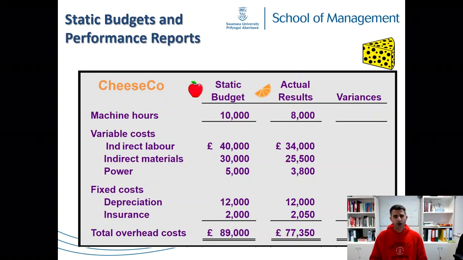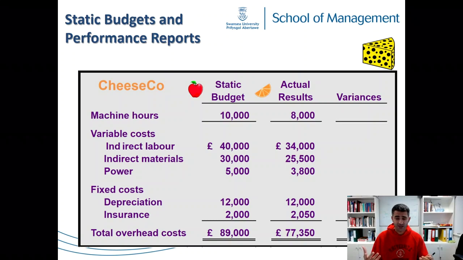In terms of variable cost, look at indirect labor, we have 34,000, indirect material, power, depreciation, it's the same, but in terms of insurance, there's £50 extra in the actual results, and the total is 77,350. Of course, you think straight away it's going to be less. Why is it going to be less? Because we have less activity levels, 8,000. Of course, it's going to be less straight away.